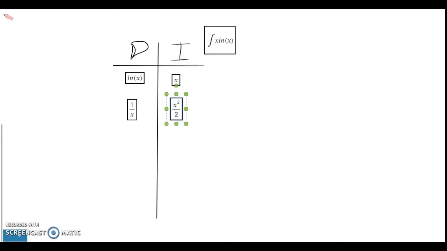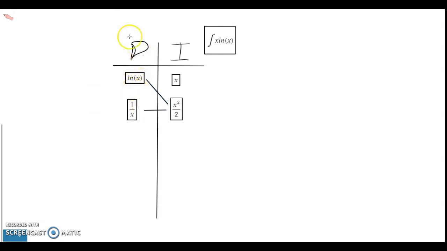Alright, so now the question becomes, how long do I keep doing this derivative and integration? Well, we keep doing it until we find out, can we integrate these two across? So with the integration methods that we know, are we able to do the integration of 1 over x times x squared over 2? And since the answer is yes, we're going to stop at this point and continue with the rest of the method.